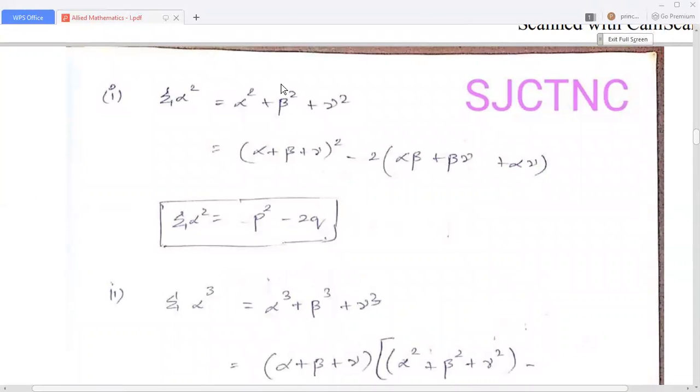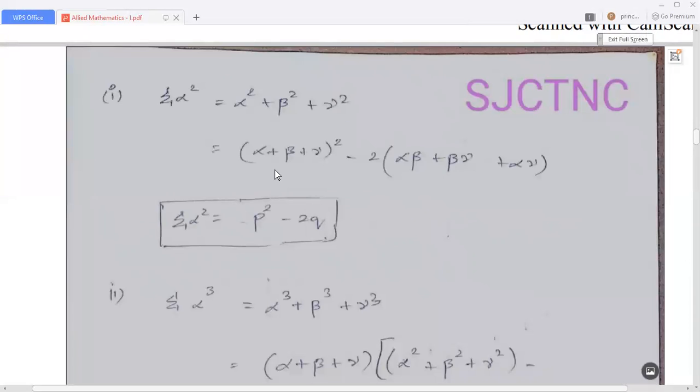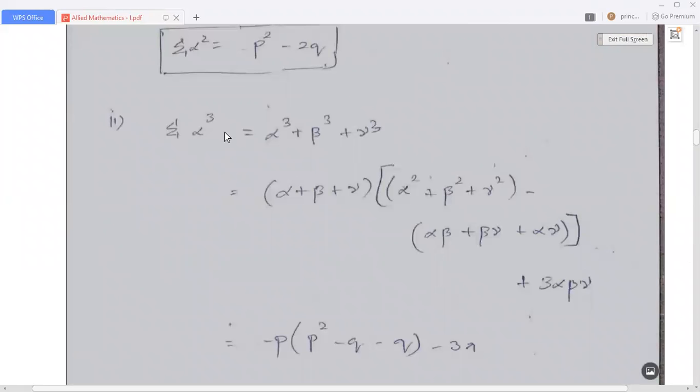Calculate sigma alpha square. Sigma alpha square is equal to alpha square plus beta square plus gamma square. This is the convenient form where we can substitute the values. Therefore, sigma alpha square equal to p square minus 2q. Next, sigma alpha cube equal to alpha cube plus beta cube plus gamma cube.